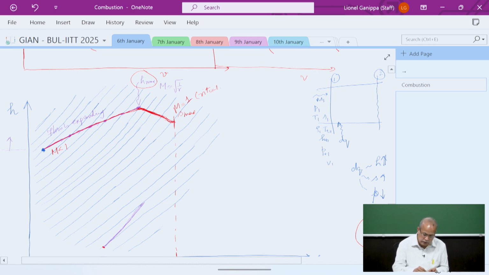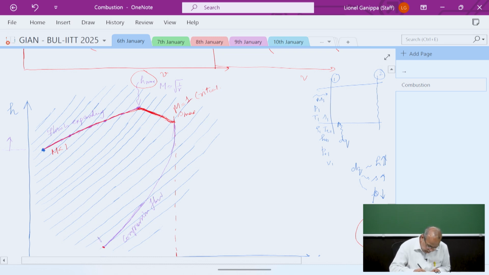What we see is the expanding flow. Now here I'm going in the direction of increasing pressure, and this is the compressing flow.